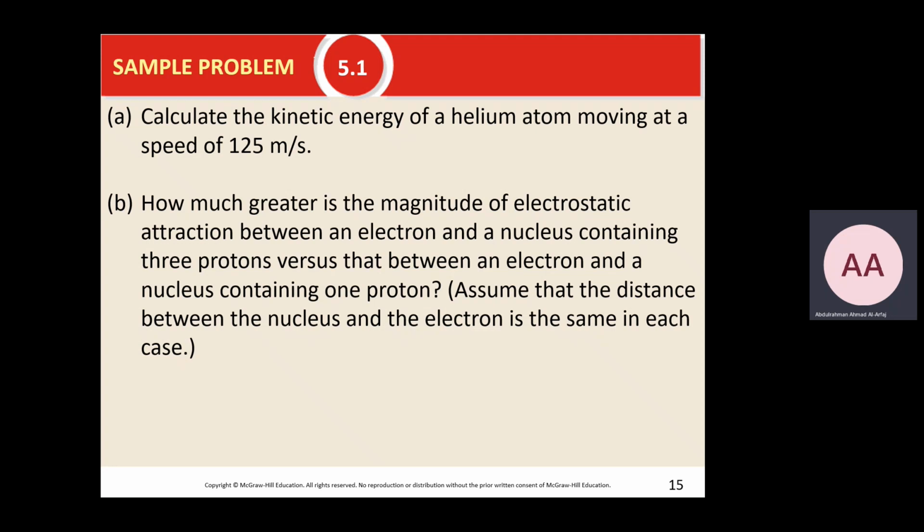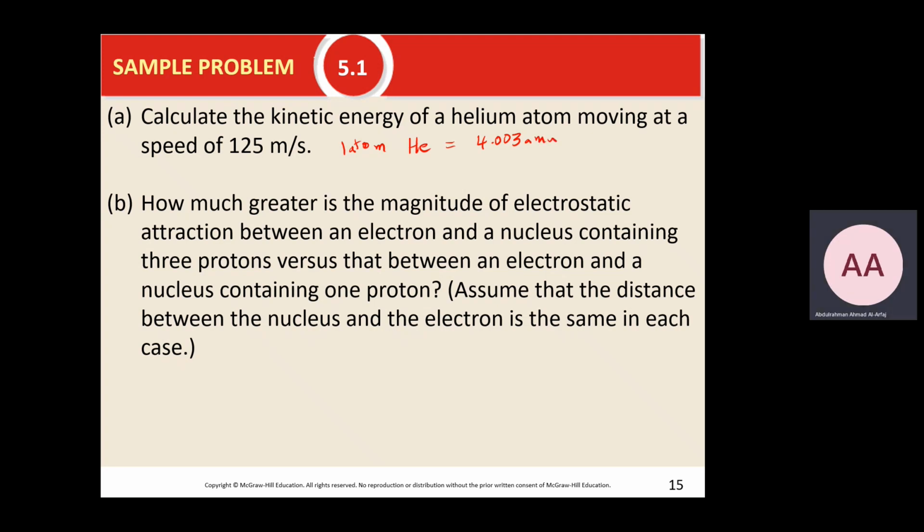Now let's calculate the kinetic energy for a helium atom moving at a speed of 125 meters per second. So the atom that we're going to have is helium. What's the mass of one helium atom? It's actually 4.003 AMU.